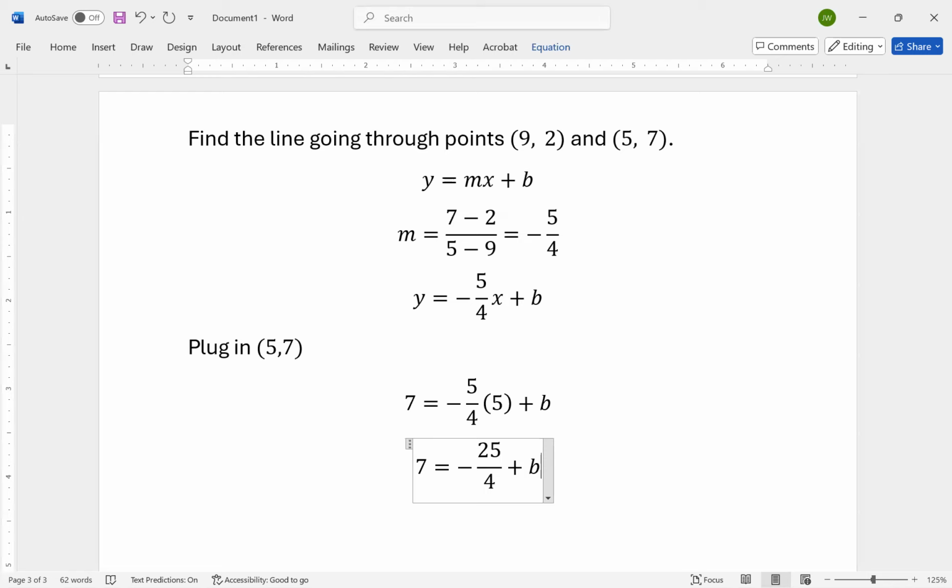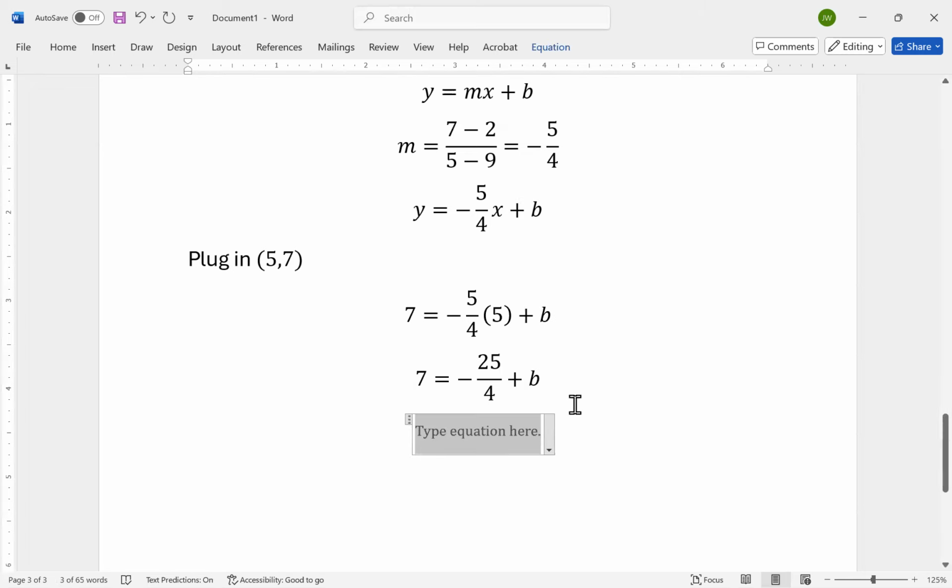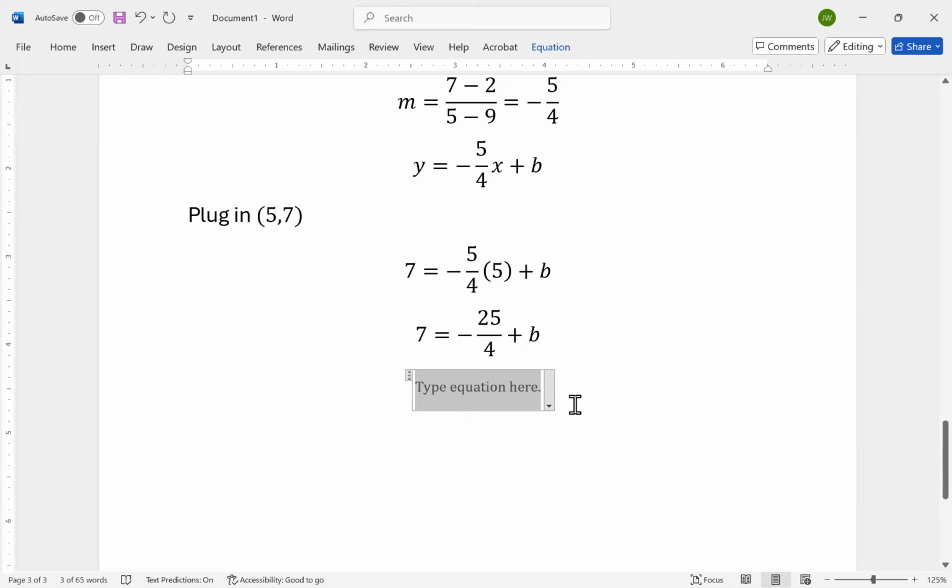Now, if we use improper fractions, then when I add 25 over 4 to both sides, I'd get 53 over 4 as my value of b.